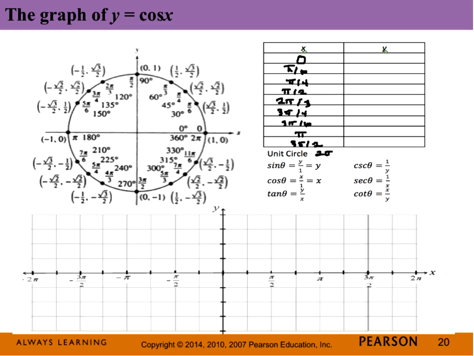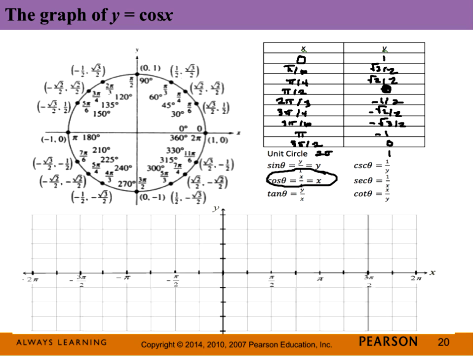And since you already know where the values are coming from, I'm just going to run down here. I have 1, square root of 3 over 2, square root of 2 over 2, 0. Oh, I should point out, now we're looking at our x values. So we're looking at the x coordinate to find the values of the cosine of theta here. Negative 1/2, negative square root 2 over 2, negative square root 3 over 2, negative 1, 0, and 1.